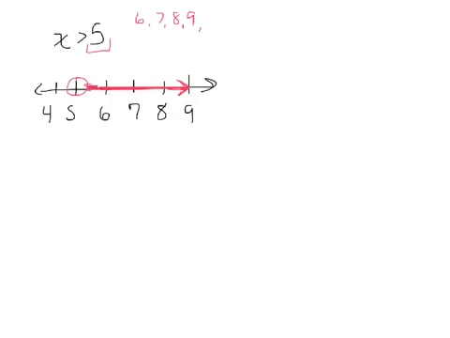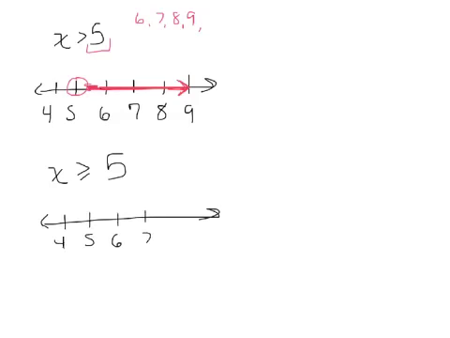Now the question is, can it equal 5? There is no equal sign. There is no line underneath the inequality. So I'm going to leave that with an open circle. If I was to change this to x is greater than or equal to 5, it would have the same graph, the exact same graph. So I'm going to repeat what I have up above.